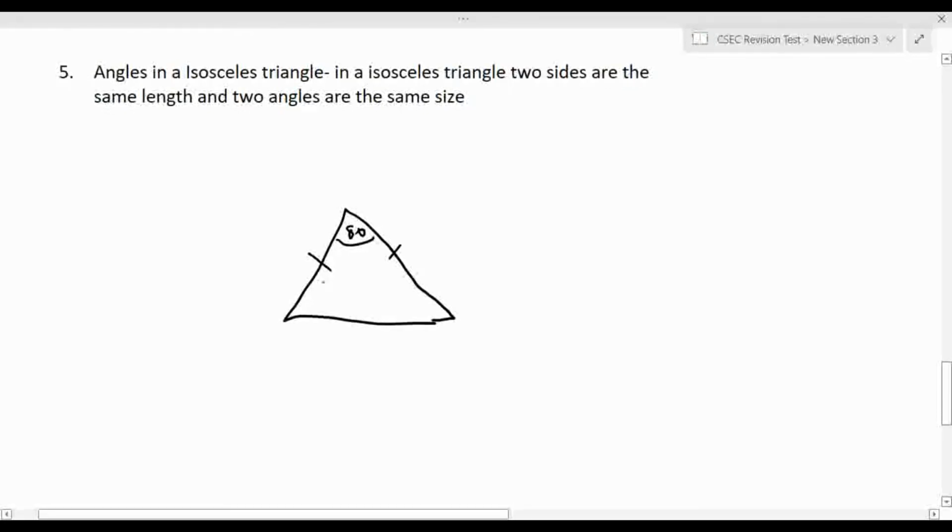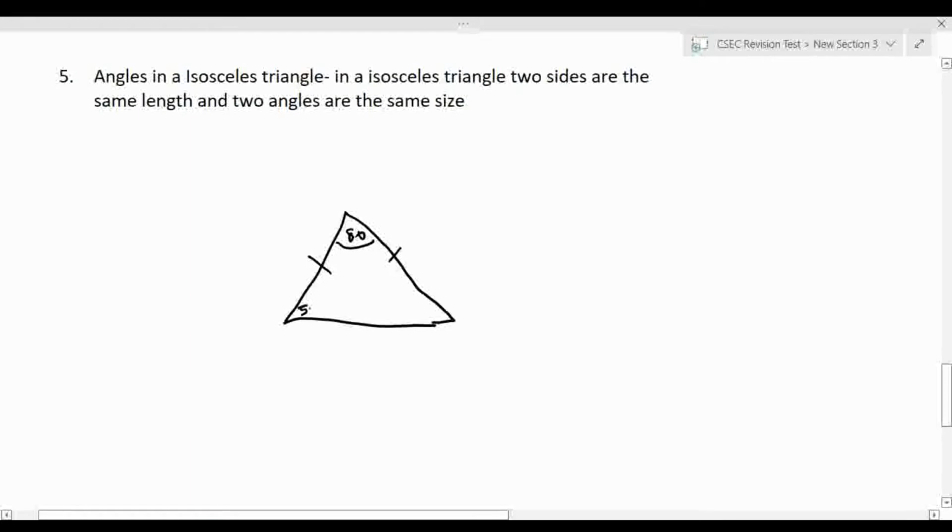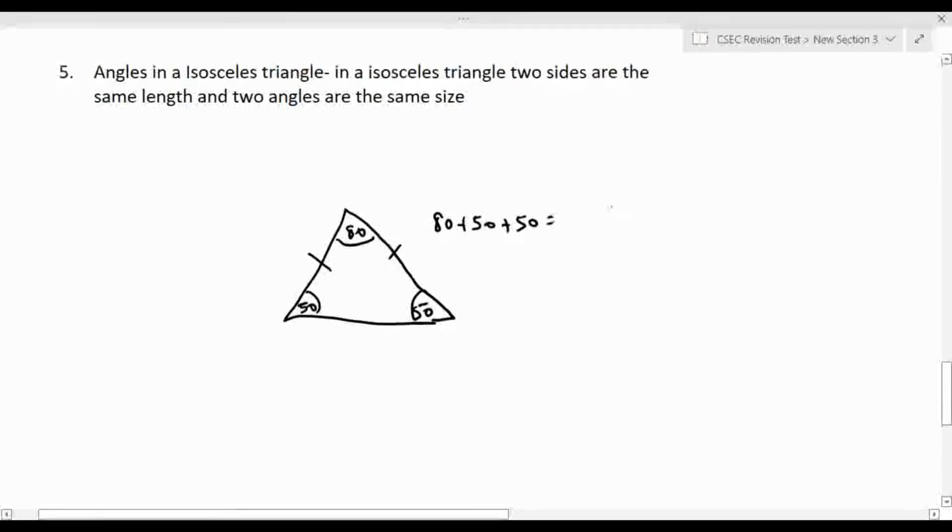This side is 50, this side is 50. When we add up the 80 plus the 50 plus the 50, that should equal 180 degrees. The angles can be different, but the two sides right here would be equal.